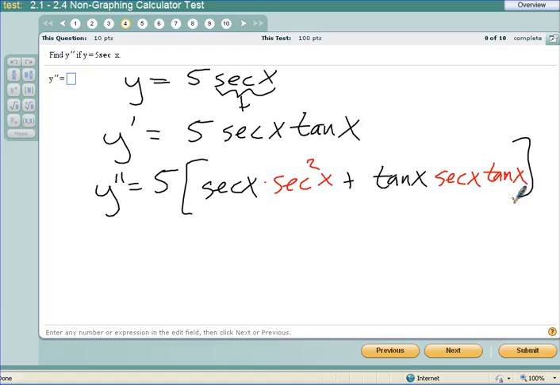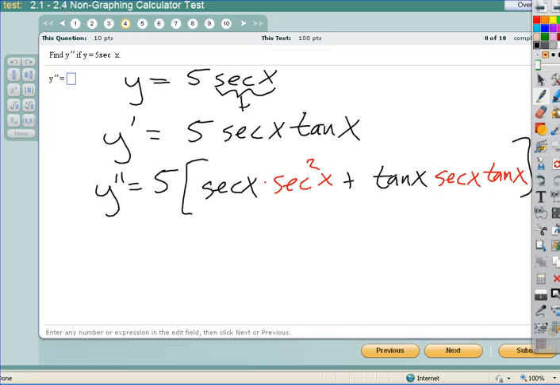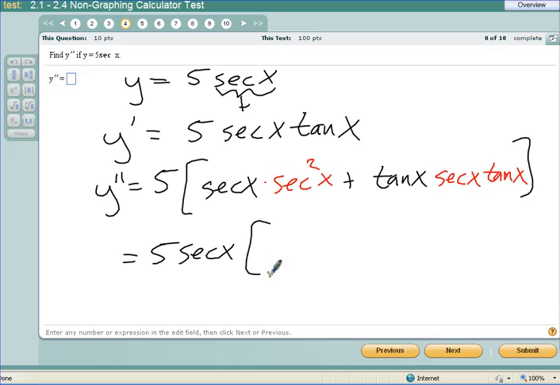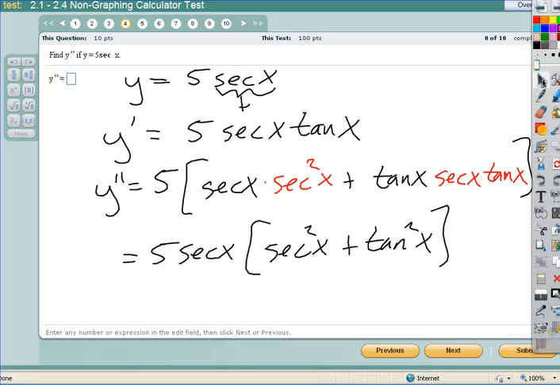Okay. And so we get 5 secant x times secant squared x plus tangent squared x. Okay, make sense? I think I'm ready to pass these tests. I think you are.